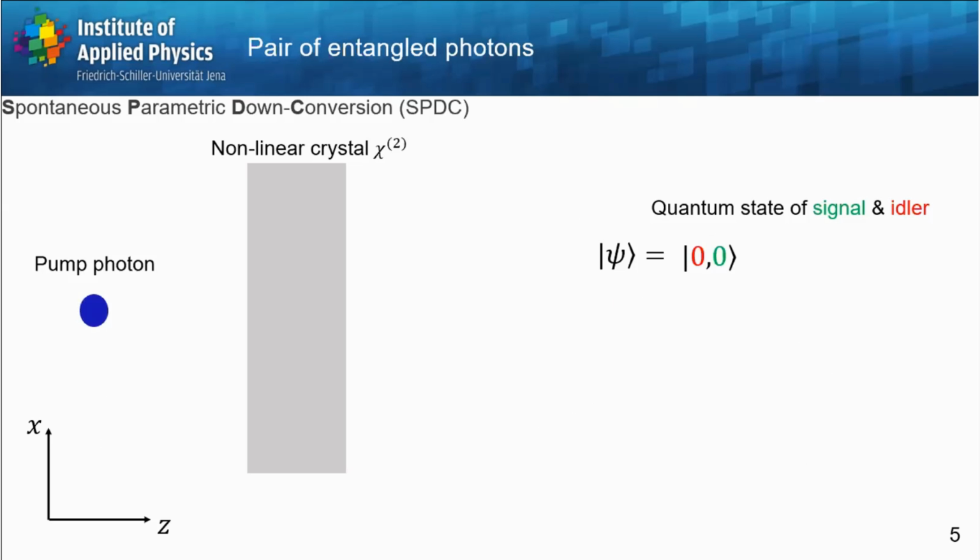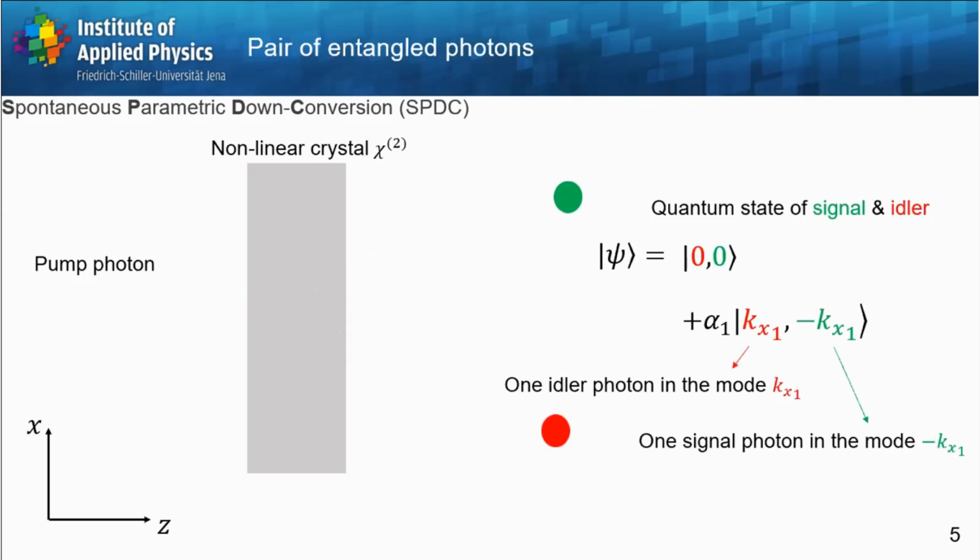What could be another possibility? As I showed you before, we get these two photons with a certain momentum that I call here Kx, which is the transverse component. So this ket tells me one idler photon is in the mode Kx1, and the signal photon is going to be in the mode minus Kx1, remember, because of momentum conservation.